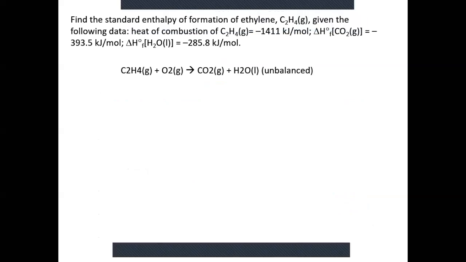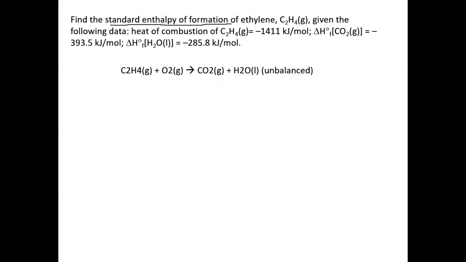This one's a little bit different. So let's read this over. We want to find the standard enthalpy of formation for ethylene. So we want to determine what ethylene's standard enthalpy of formation is. Given the following data, it gives us the heat of combustion. So the heat of combustion of C2H4 is negative 1411 kilojoules per mole, and we have the heat of formation of CO2 and H2O.